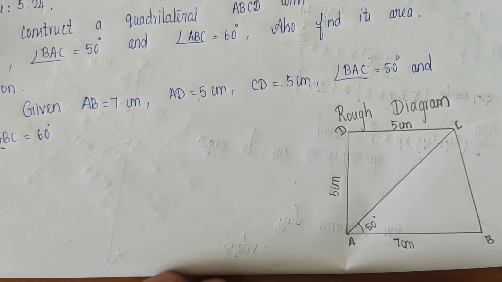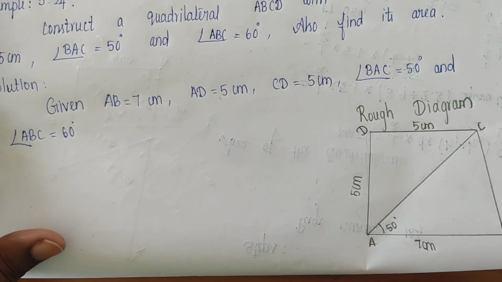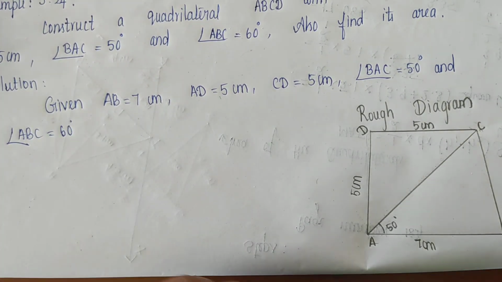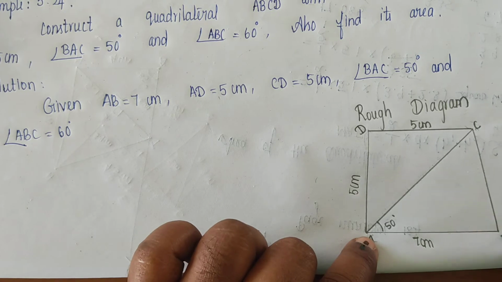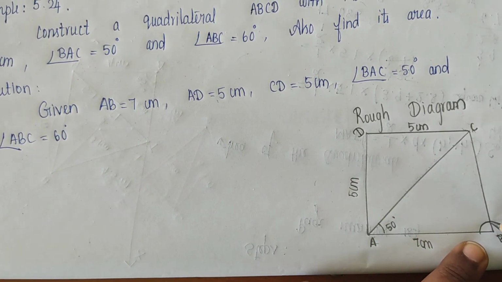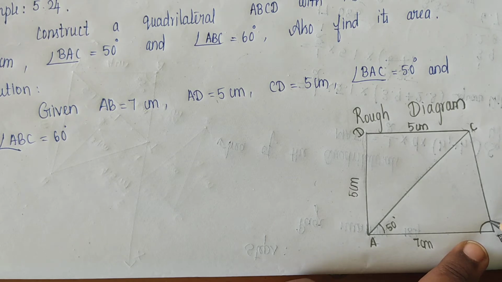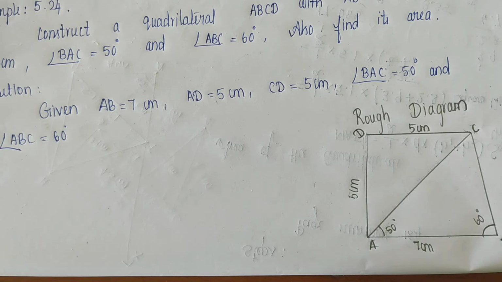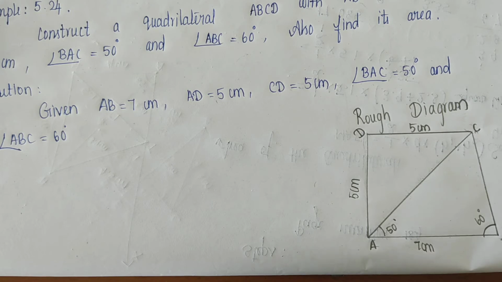And next angle is angle ABC equal to 60 degrees. So, this one is the center angle B, angle ABC equal to 60 degrees. Okay, students, can you understand the rough diagram? Draw a rough diagram and next we are going to the main diagram.